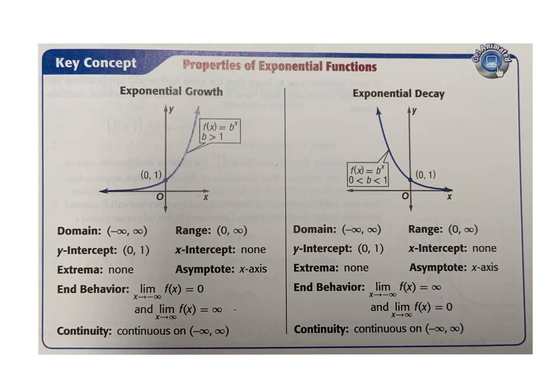And then here's some properties. You don't have to know the domain and range, but you just have to know what it means. Exponential functions have no domain limitations. You do have a range because you're not going to drop into a negative if your base is already positive. Same thing with decay.